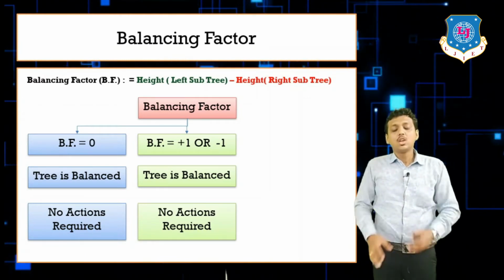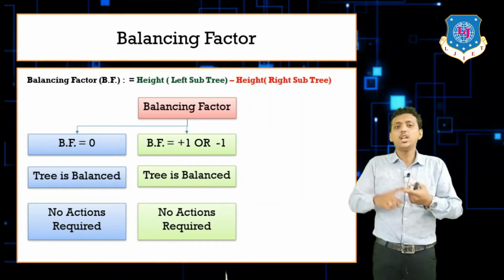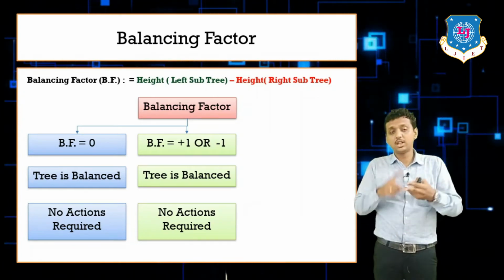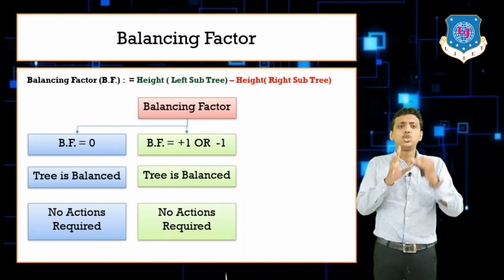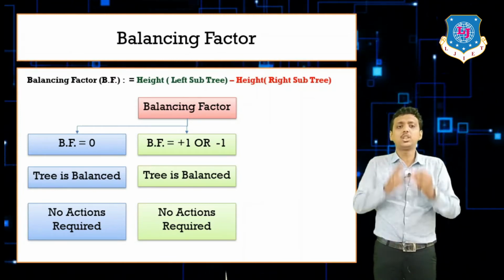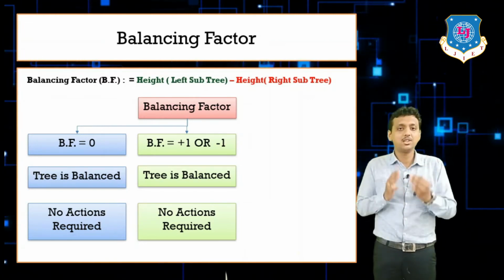So either your tree has balancing factor 0, 1 or minus 1, and you should not need to take any action on that tree because your tree is a balanced tree.